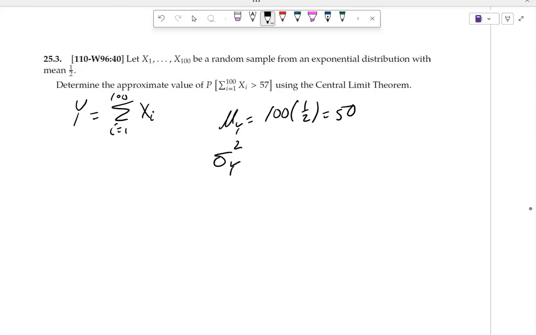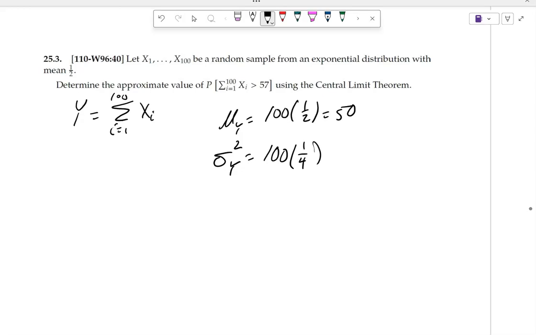What's the variance of your y? Not squared. We're just adding that because they're each individual ones now. Yeah, so we're just adding 100. So it's just 100 times 1/4. Yeah, we square the theta, right? We square the mean.